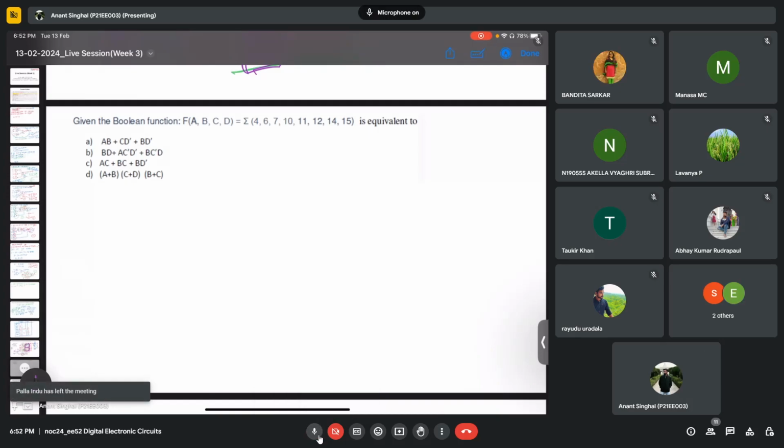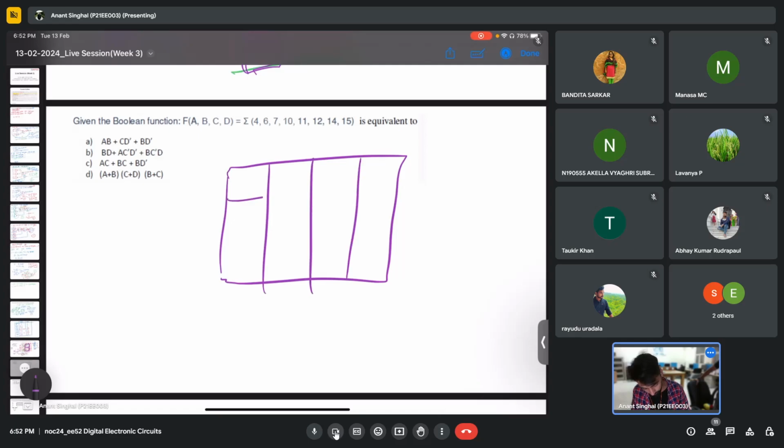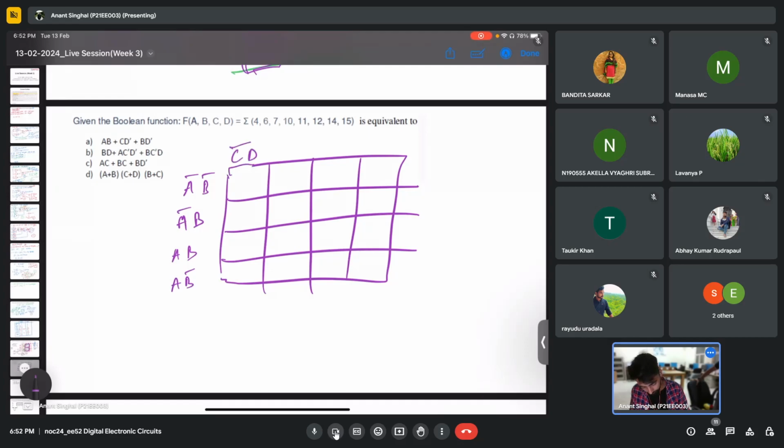Okay, so let's check the answer. Again, I'll use the K map. This is A complement, D complement. This will be CD. 0, 1, 2, 3.